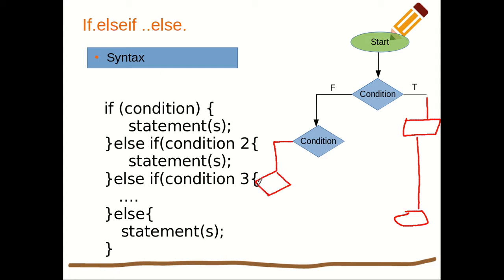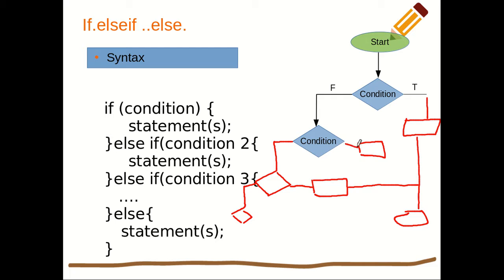If it does not evaluate to true, then we can move on to other conditions that we might need to test. If that condition does not evaluate to true, we move on to the next condition, and so on, depending on the number of conditions that you have. If they evaluate to true, definitely program statements will be executed, and that would lead to an exit from that particular structure.